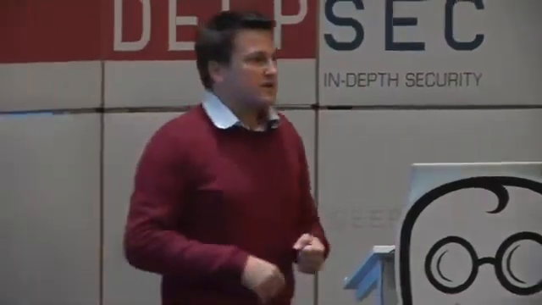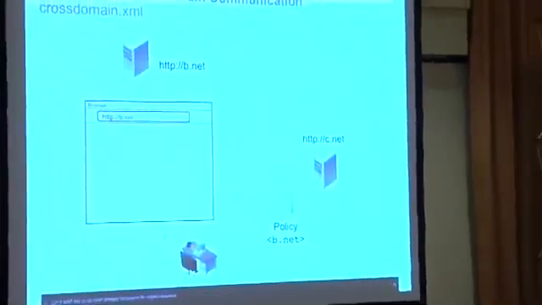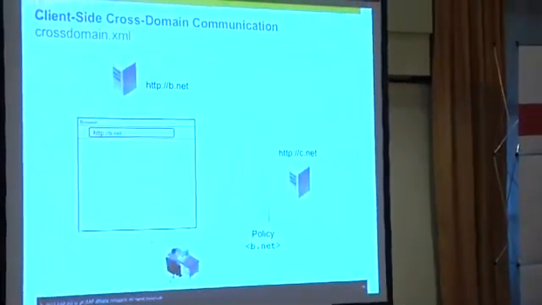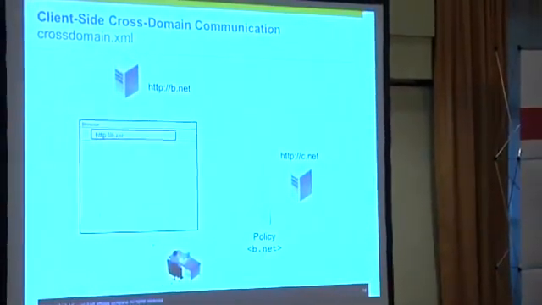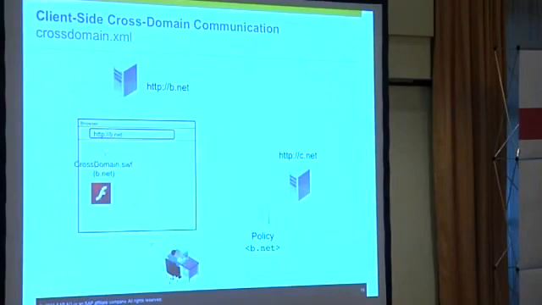So we have here a service, C.net, and C.net would like to share data with, in this case, B.net. What C.net has to do is, at first, define an access policy and say, in this policy, I allow B.net to access the data on C.net. And then B.net is able to load a Flash applet, and this Flash applet is able to conduct cross-domain requests.